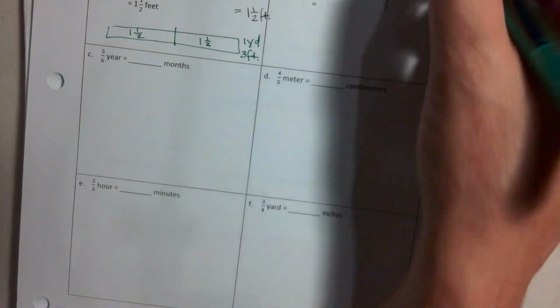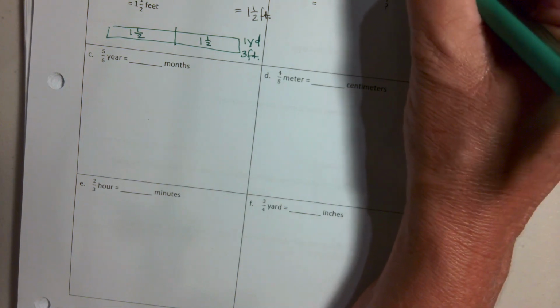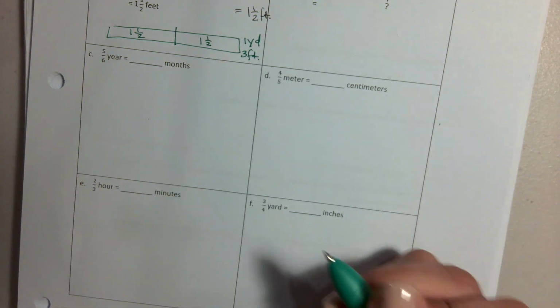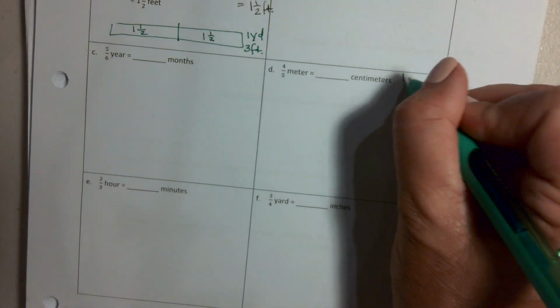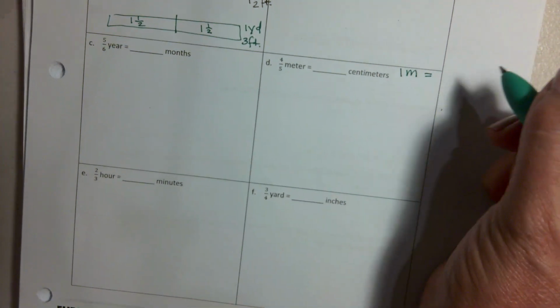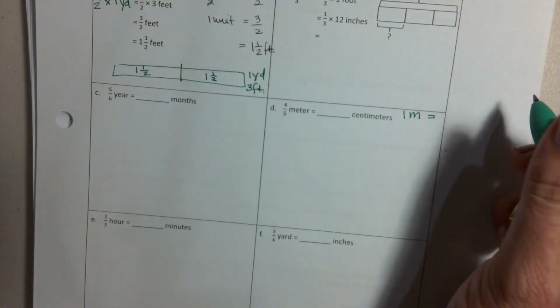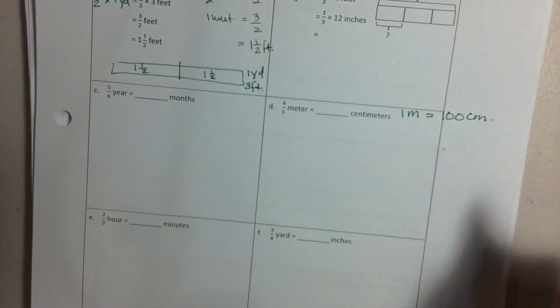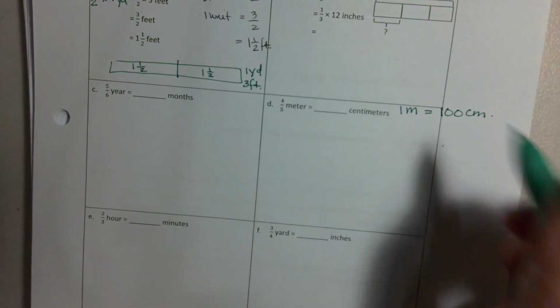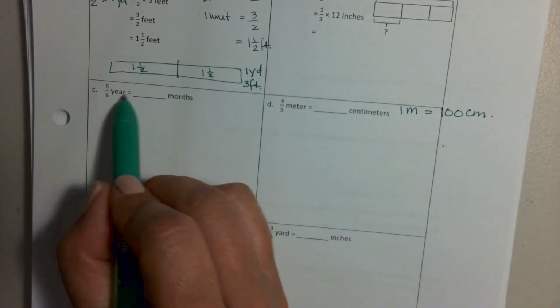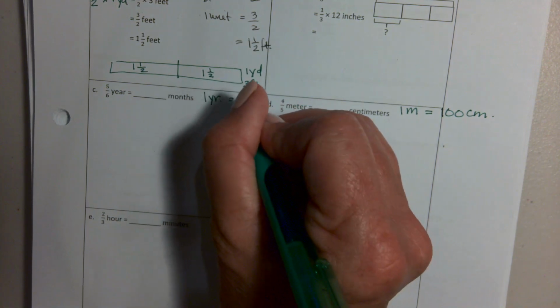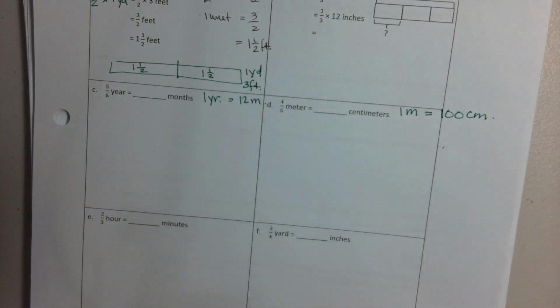So feet to inches. So we know that for 1 foot, there are 12 inches, right? For 1 meter, do you know how many centimeters there are? There are 100 centimeters. In a year, how many months? So 1 year is equal to 12 months.